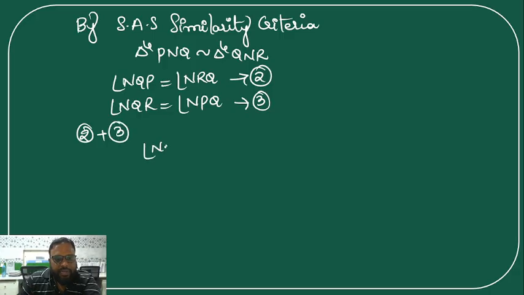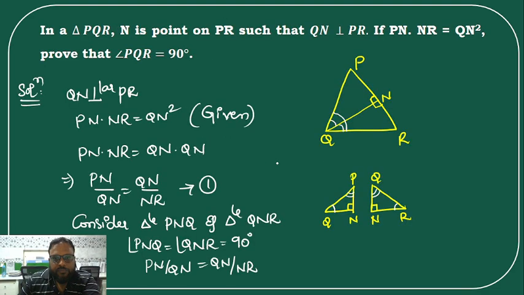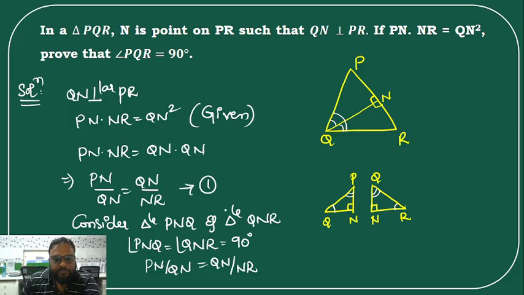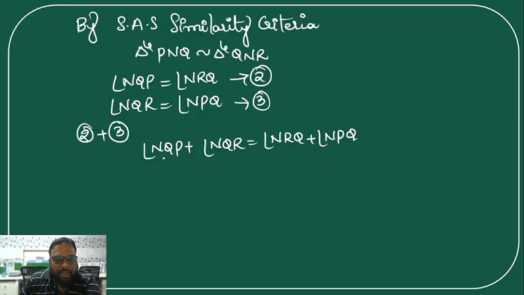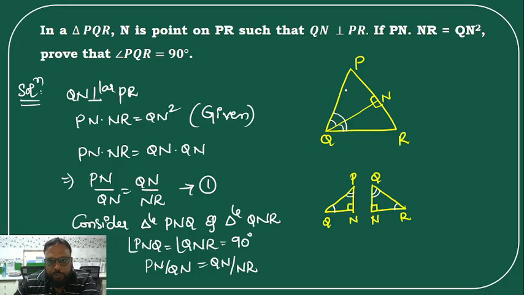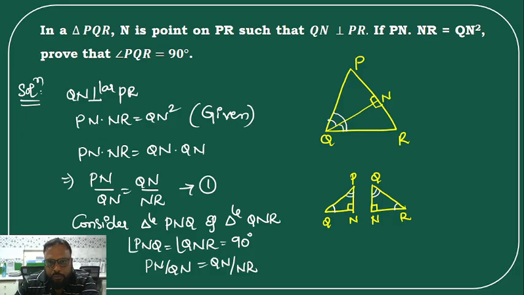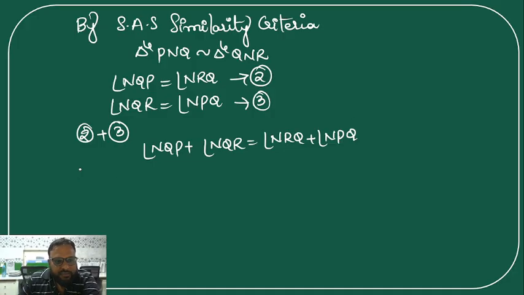What I will get? Angle NQP plus angle NQR is equal to angle NRQ plus angle NPQ. Now from the figure, if I add angle NQP and angle NQR, I will get angle PQR.